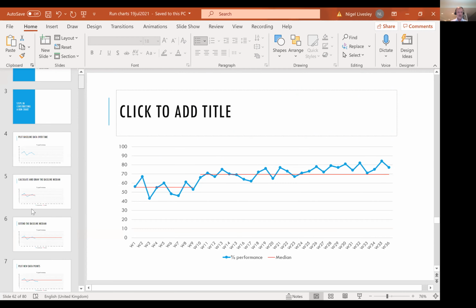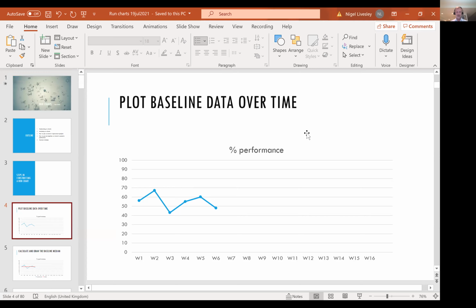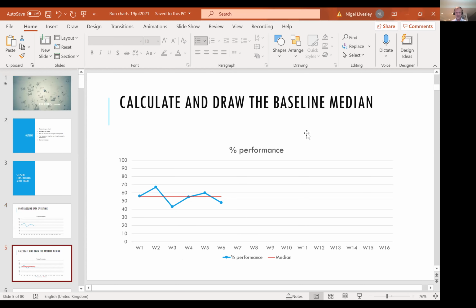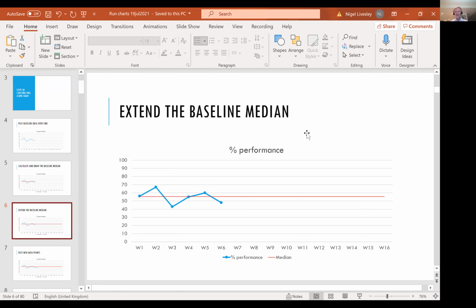You draw the points, you draw the median, and then you extend the median. You would do the same thing when you see a shift. So I don't think 6 points is enough. I would be careful with using 6 points. You're going to get a lot of false positives. But whatever rules you decide to use, if it's 7 or 8, when you draw that shift, you extend it, because that's what your question is in the future.